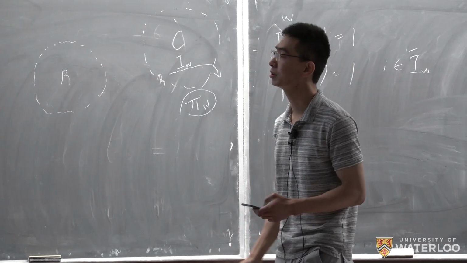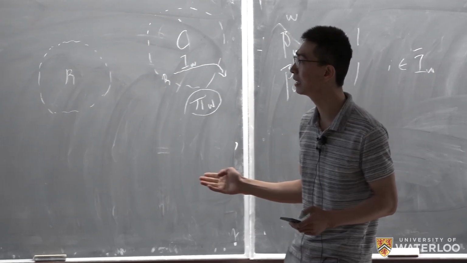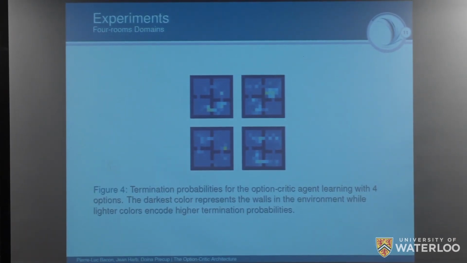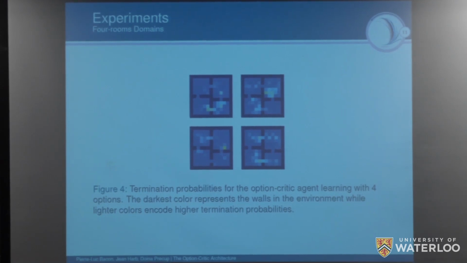As we introduced at the beginning of this presentation, an option can be a suitable sub-goal in a domain. In a four-room domain, a suitable sub-goal can be the gate between two rooms. This graph shows the termination probability distribution in the four options.